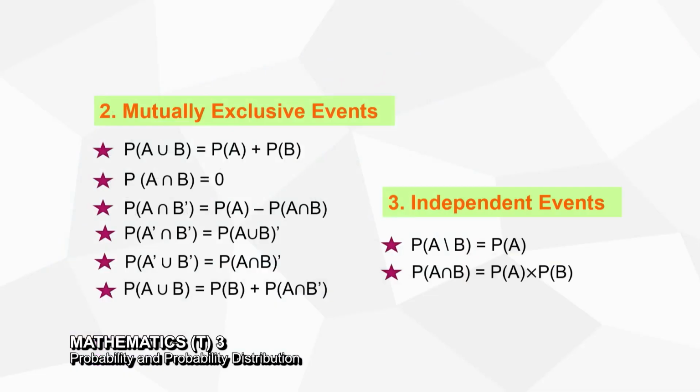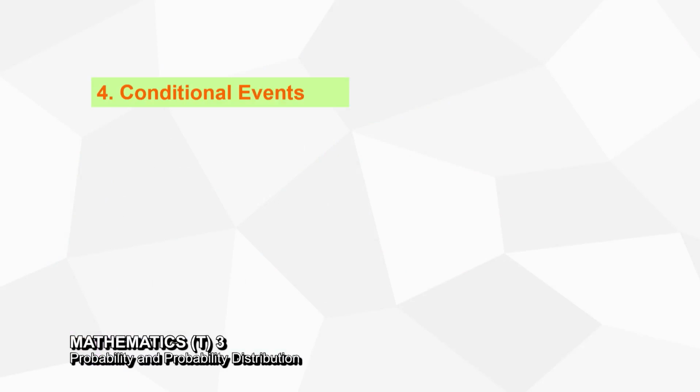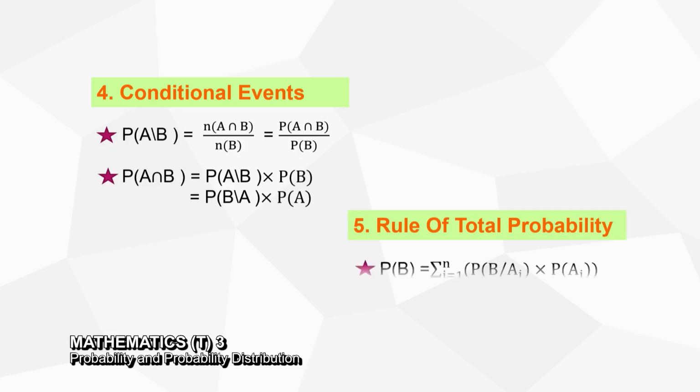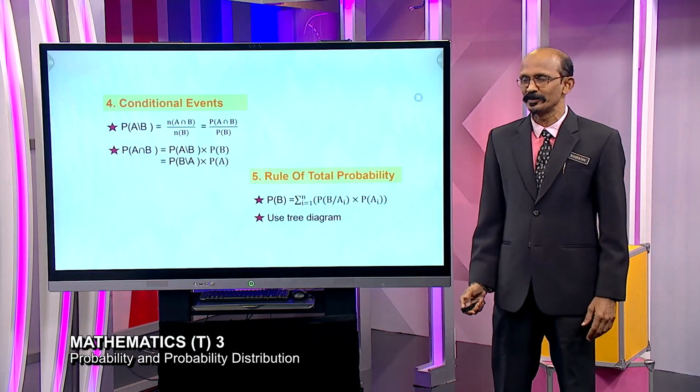Next event is conditional event. For conditional event, we have two main formulas. And the last topic students study is the rules of total probability. Under rules of total probability, you have one formula. But if you don't like to use this formula, you can use a tree diagram, which is much easier to get your answer.